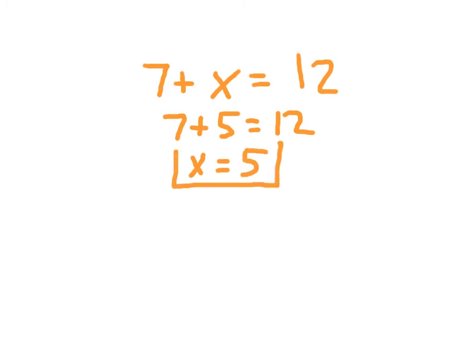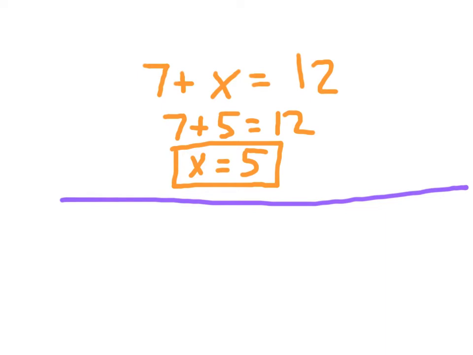X equals 5 is our solution. I like to box our solution. Just makes it a little bit easier for you to see that answer. And again, what we do is we write our variable, we write that equal sign, and then we write the number that that variable equals.